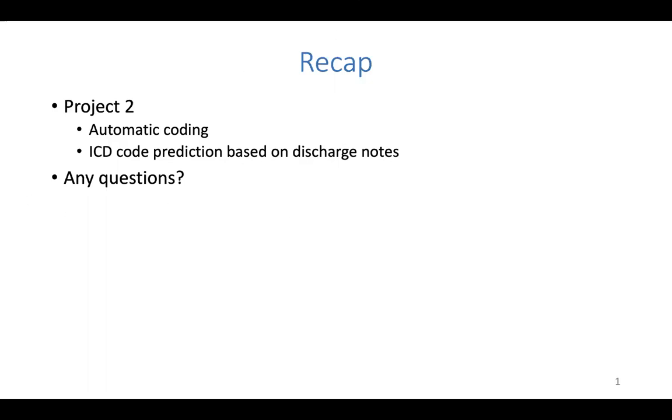I expect this not to be too difficult. Since everybody has done project number 1, project number 2 should be easier, because there is less pre-processing to be done regarding joining the tables and all that stuff.